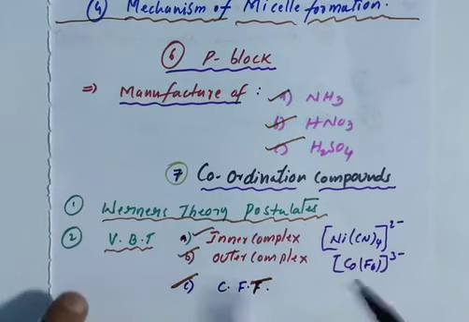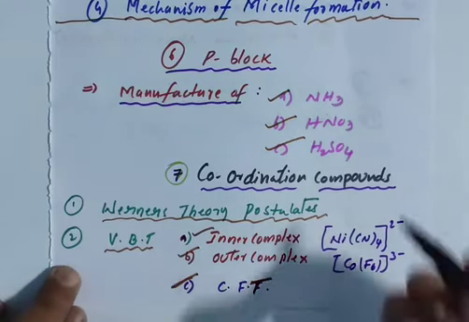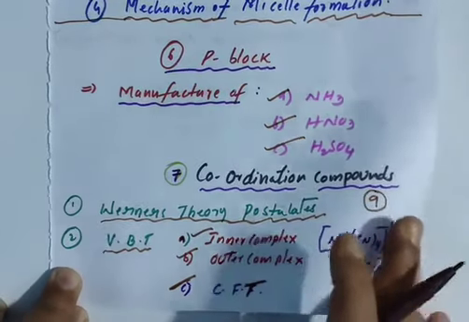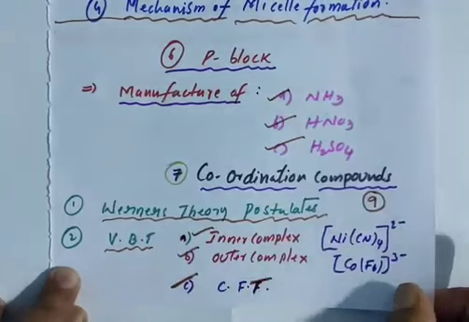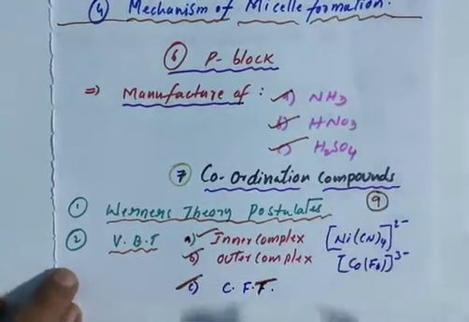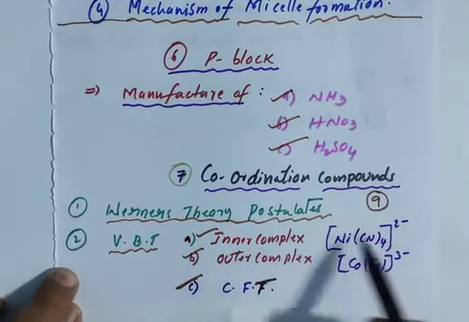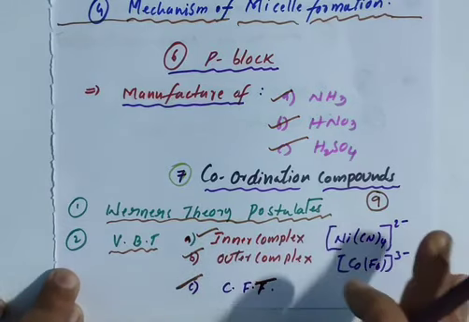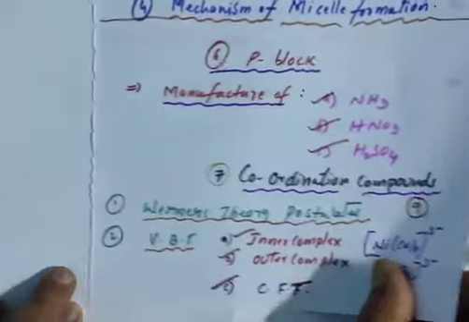If you learn these three, and three questions come, you can score 9 marks, and there is no chance of another 3 marks question. Werner's theory you must learn, and Werner's theory and valence bond theory are sure. So this is coordination compounds.